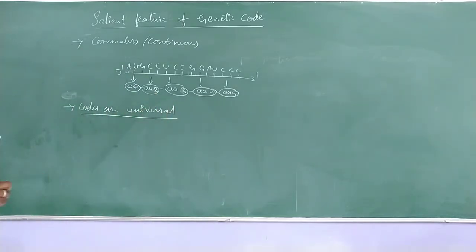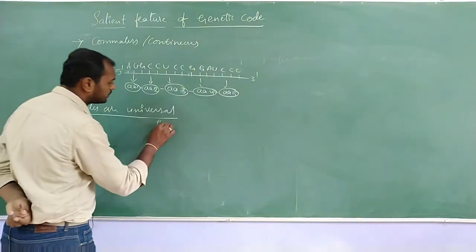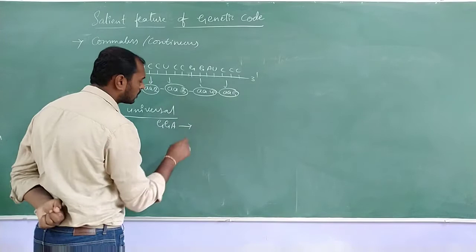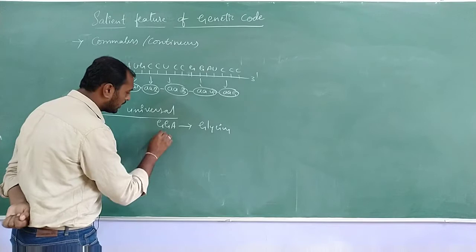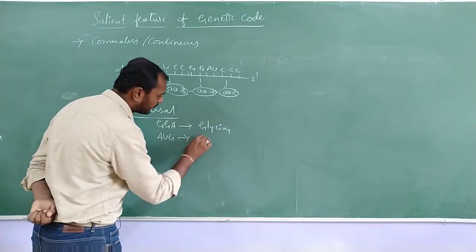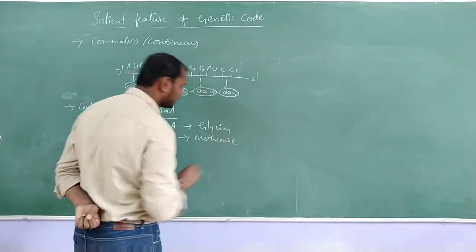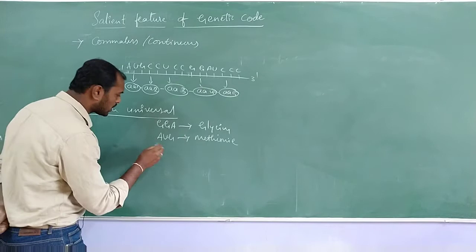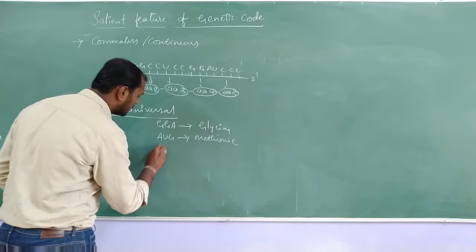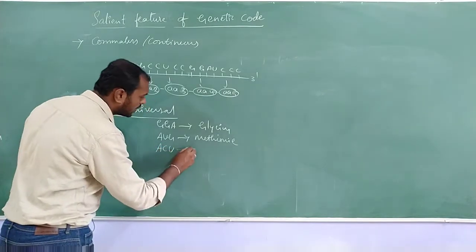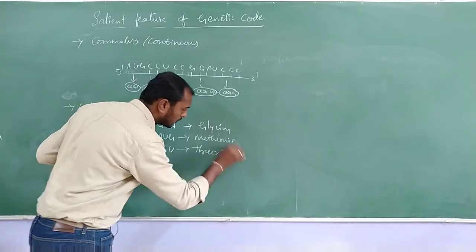For example, GGA is going to code glycine, AUG is going to code methionine, and one more, ACU is going to code threonine.